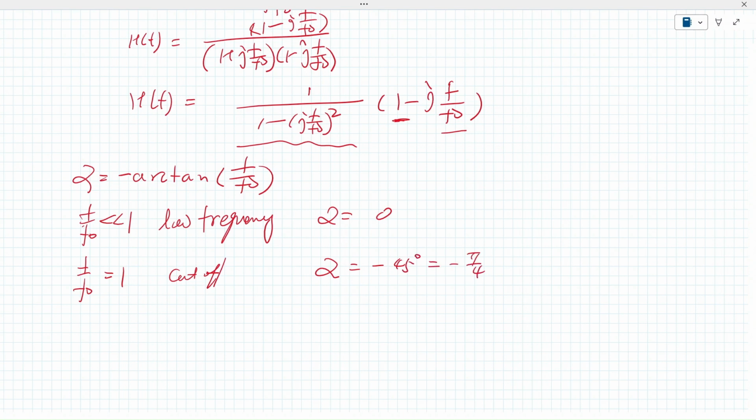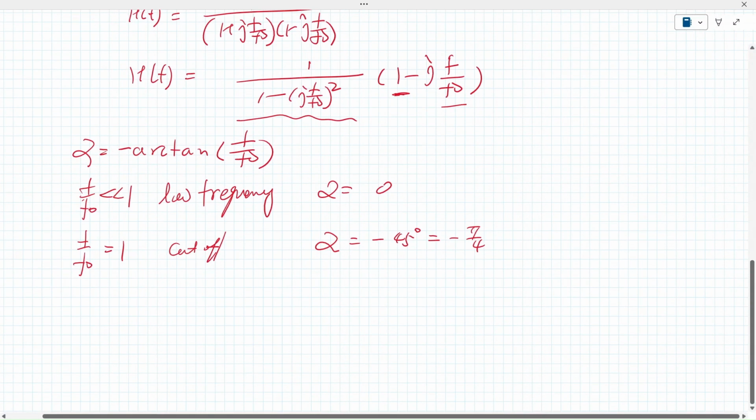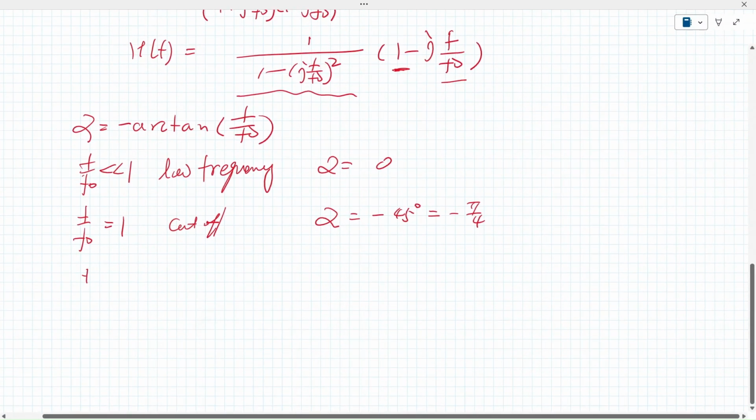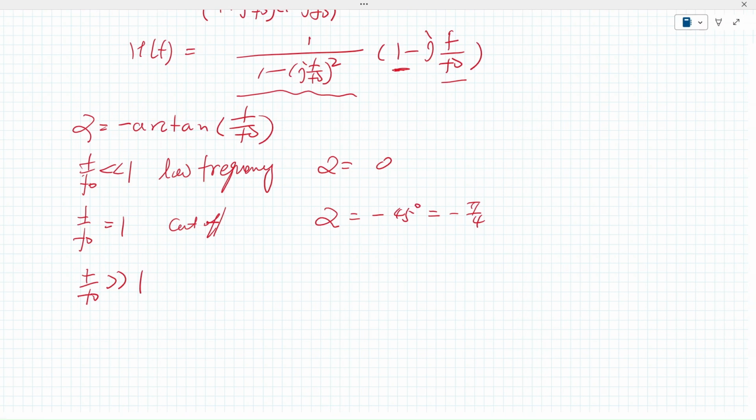So at the cutoff frequency, there's a phase change of about 45 degrees. Basically, the signal is delayed by 45 degrees. Okay, when f over f naught is much bigger than 1, that means a higher frequency than the cutoff frequency, and we have a phase change approaching minus 90 degrees.